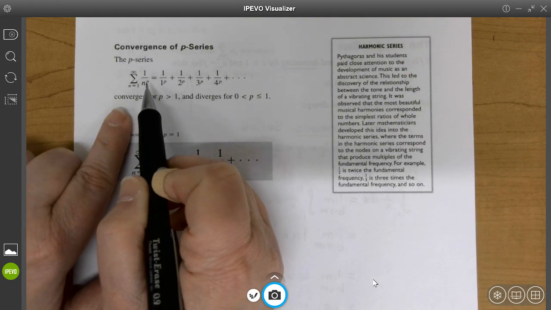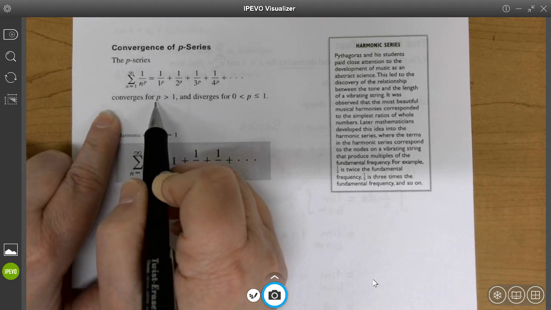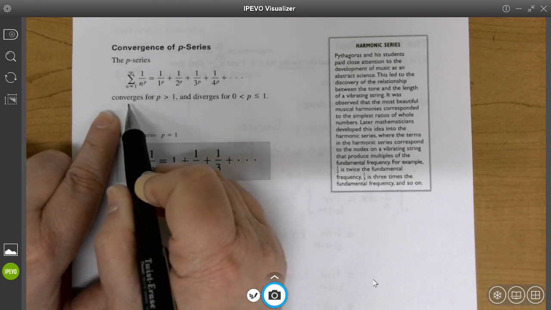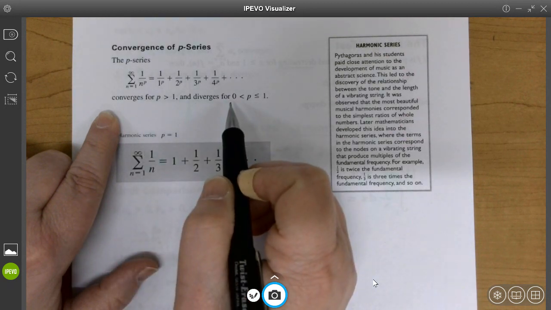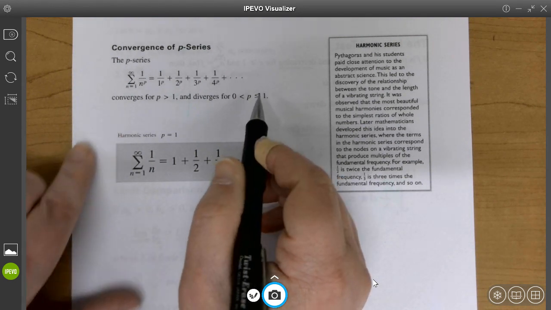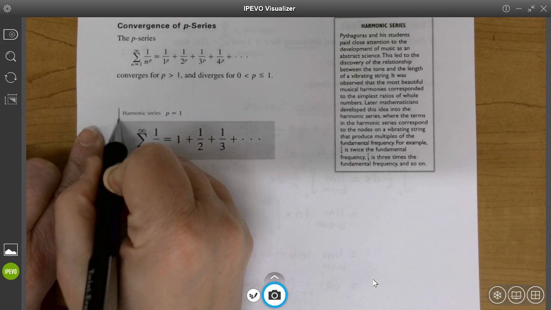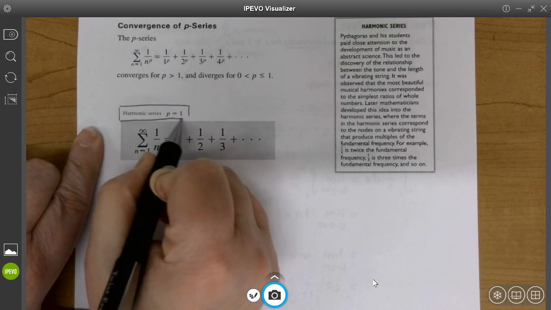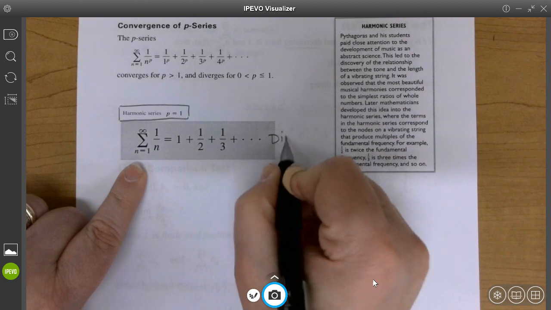And so the P-series test states that if p is greater than 1, the series will converge, and it will diverge for p greater than 0 but less than or equal to 1. And the classic P-series is what we just proved, which is the harmonic series here, which has p equal to 1. And we just proved that this one diverges.